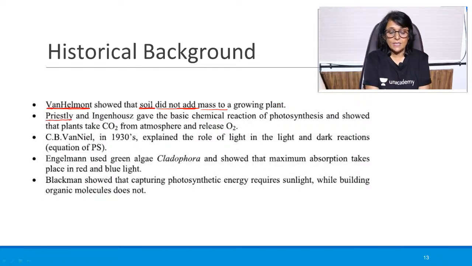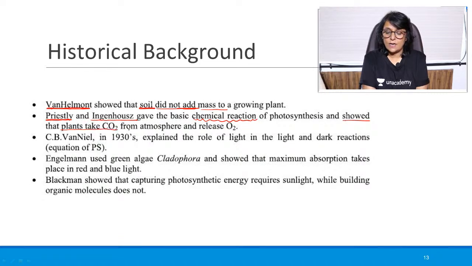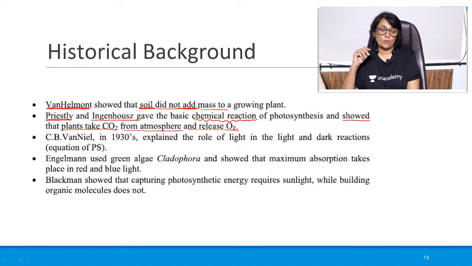Two more scientists, Priestley and Ingenhousz, gave the basic chemical reaction of photosynthesis and also showed that the plants take carbon dioxide from atmosphere and release oxygen. What is that basic chemical reaction of photosynthesis?